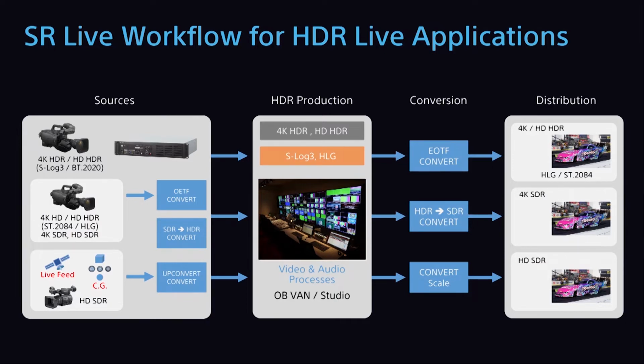Once the program is finalized, then you're ready for distribution. And again, we have to convert from the production environment to the distribution HDR curve. And we have two, PQ and HLG. As well as we have to produce a very high quality SDR. We cannot compromise the quality of the signal that pays the bills.